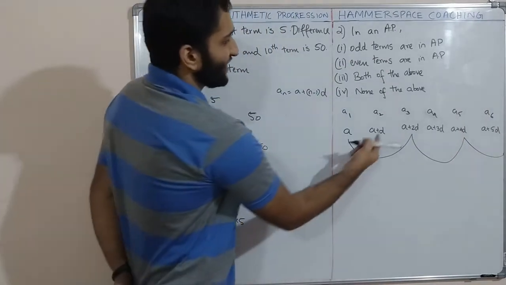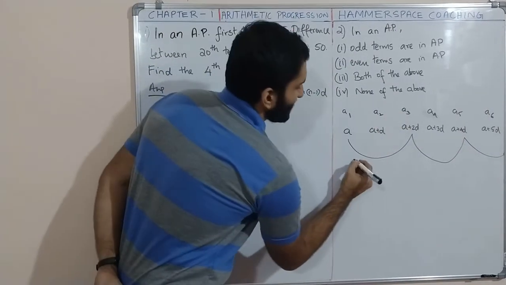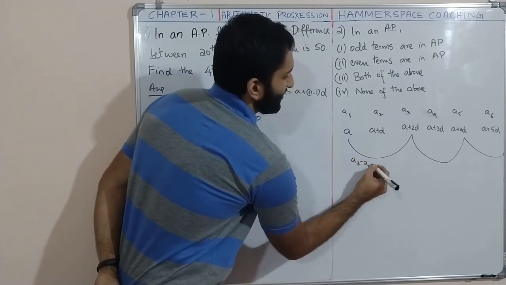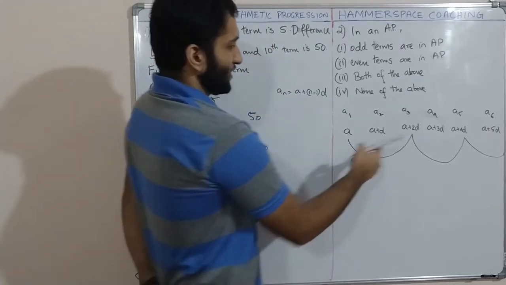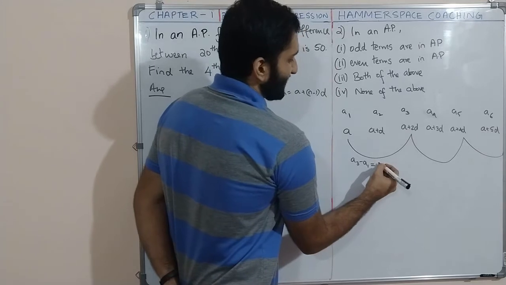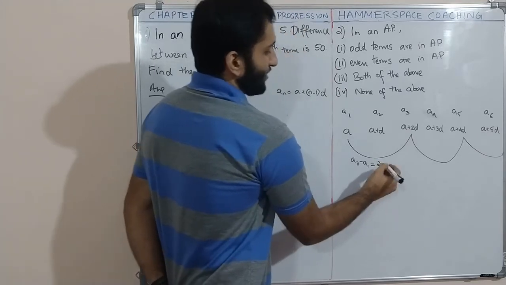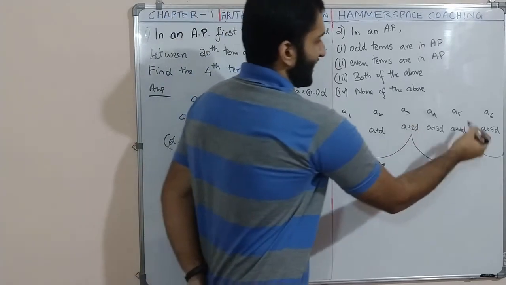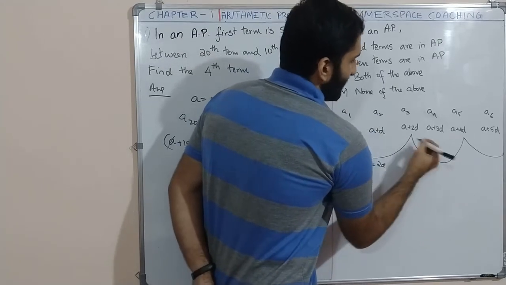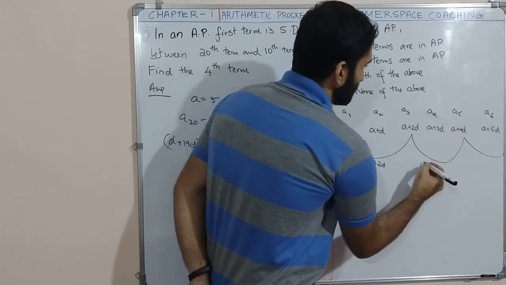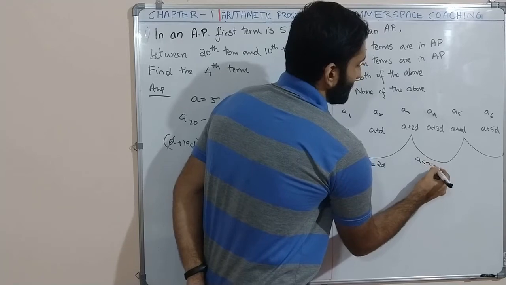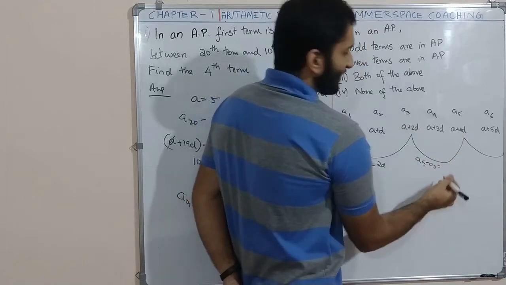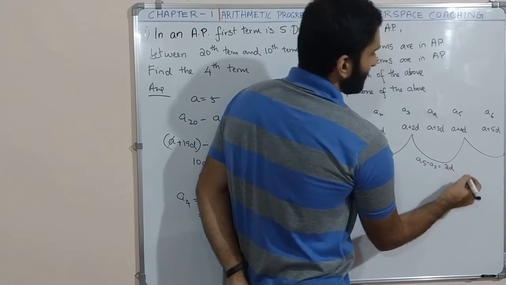Let us see what is the difference between A3 and A1. A3 minus A1 equals A plus 2D minus A. Therefore it is equal to 2D. A5 minus A3 is A plus 4D minus A plus 2D. That is again equal to 2D.